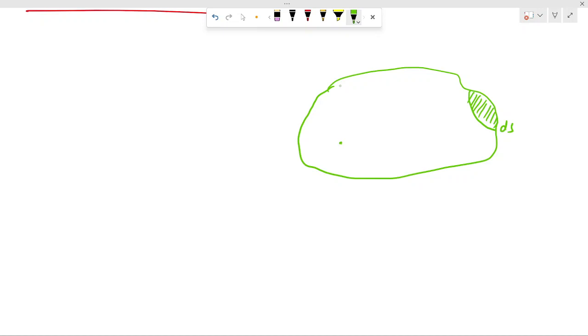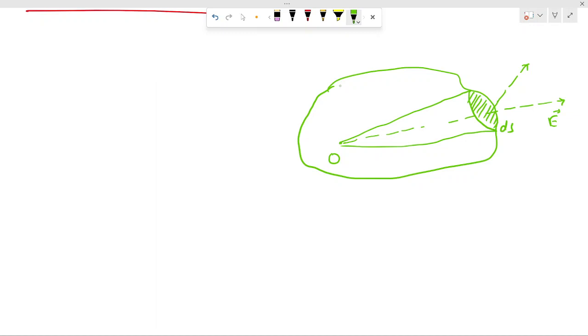Here consider the point O and draw lines to the endpoints of dS. I have drawn it. Here you have to know the solid angle concept, because we will use this concept here. I'll talk about it. If you don't know, don't worry.